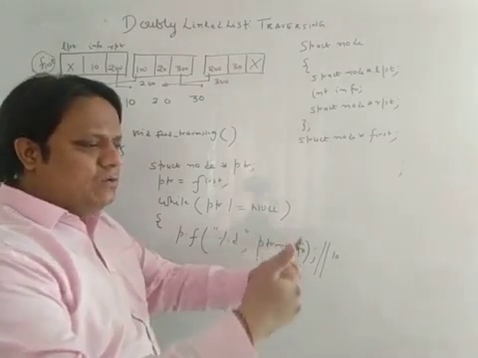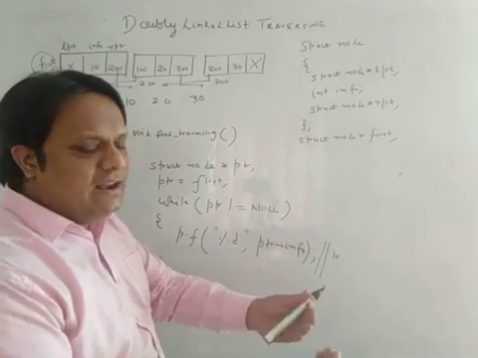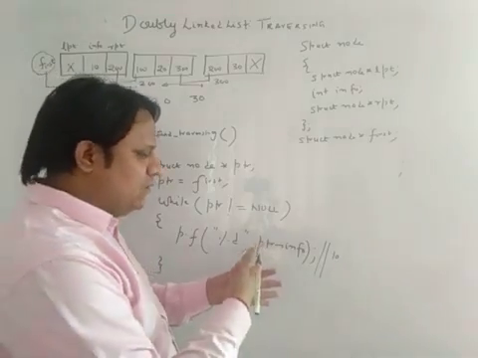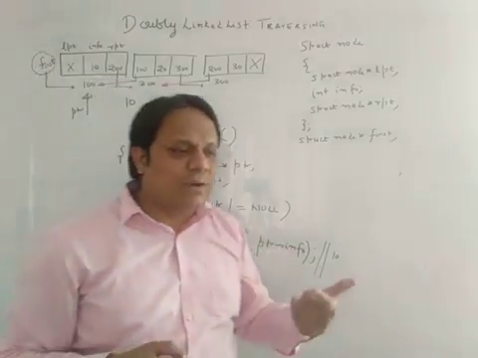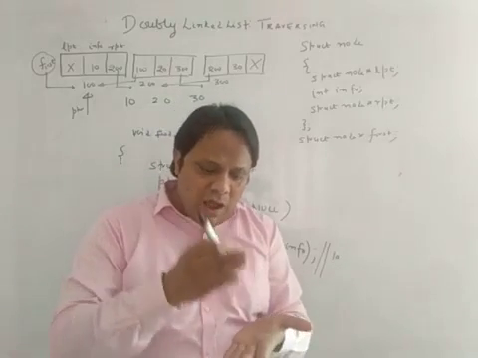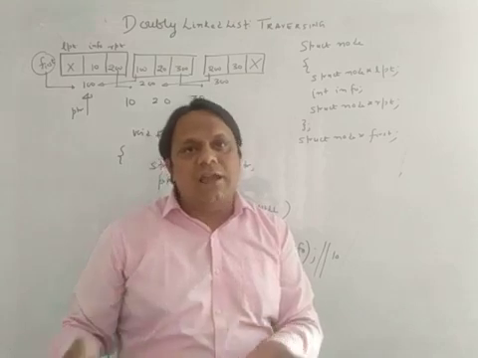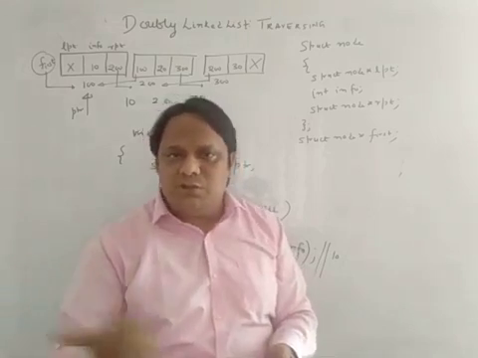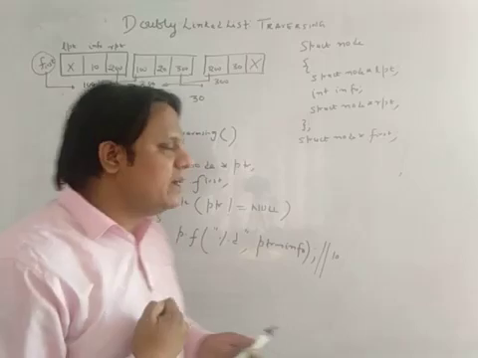For i equals 0, i less than or equal to 5, if I want to print the values from 0 to 5, you write i equals 0, i less than or equal to 5, i plus plus. So i plus plus means you are going to increment the value of i.